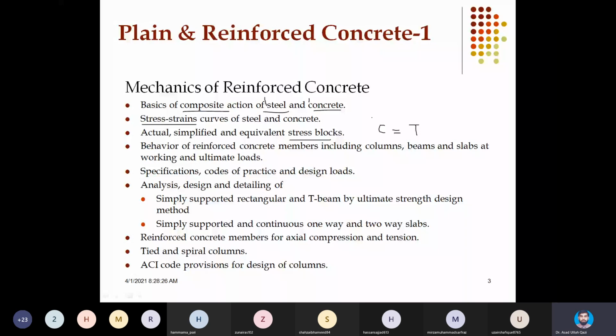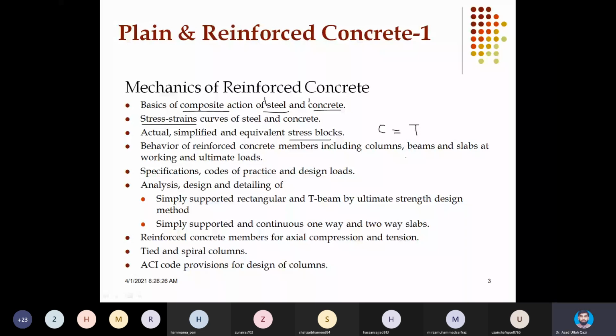So that is important. So that we want to discuss in detail, because in design actually we will be designing the cross sections, and on sections stresses we are going to calculate. Behavior of reinforced concrete members, including columns, beams, slabs at service loads and at ultimate loads, we are going to discuss.